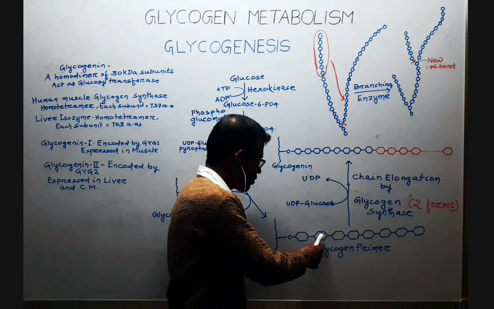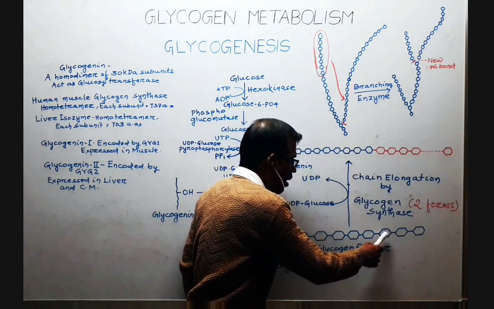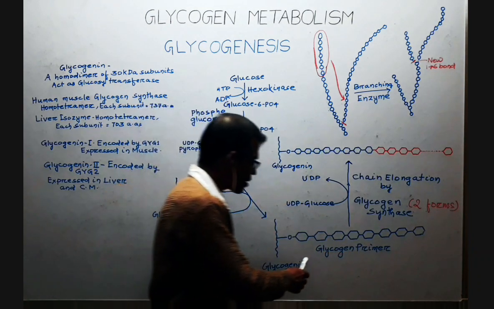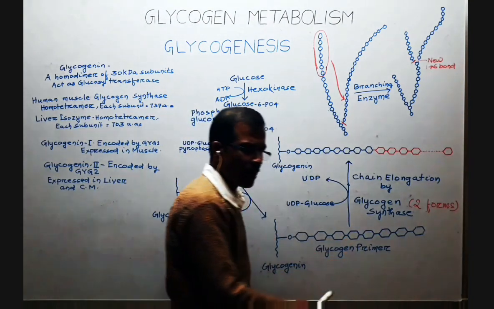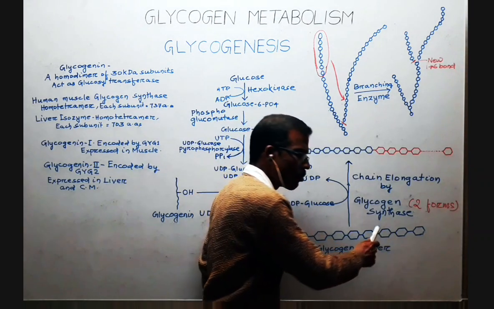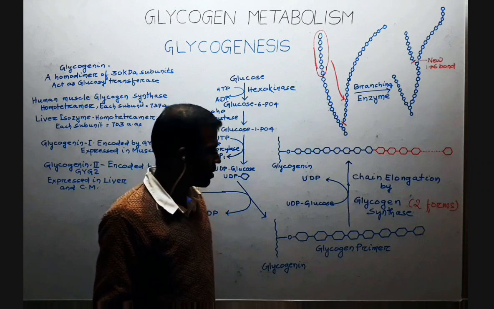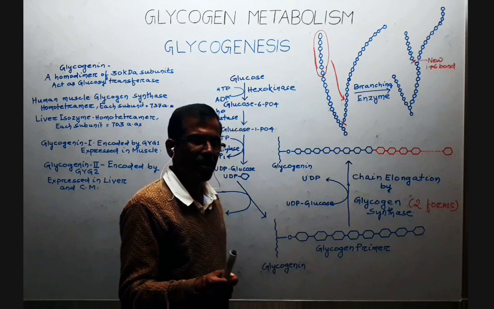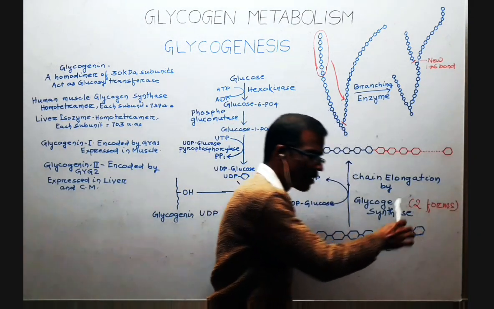And in this primer, the glucose molecules are linked by alpha-1,4 glycosidic bonds. After the formation of the glycogen primer, the enzyme glycogen synthase extends this alpha-1,4 linked glucan chain by transferring a glucosyl unit from uridine diphosphate glucose to the C4-hydroxyl group, which is present on the non-reducing end.